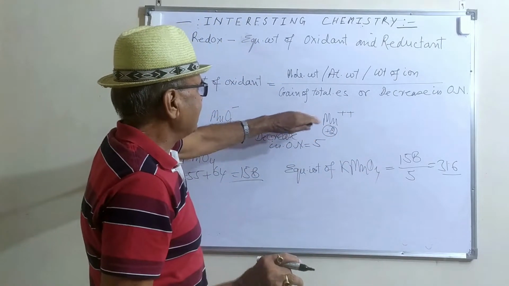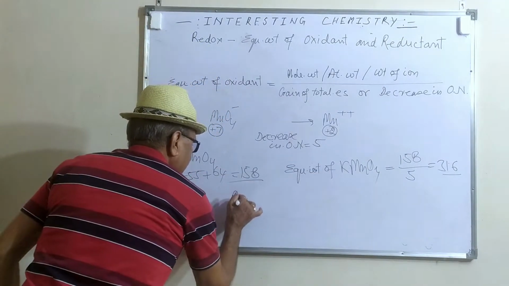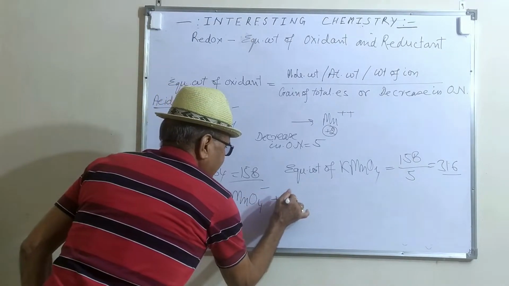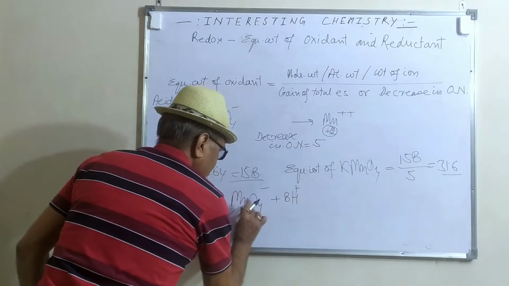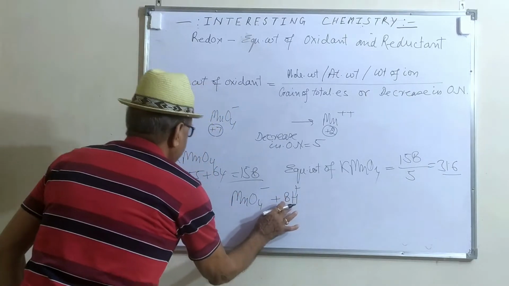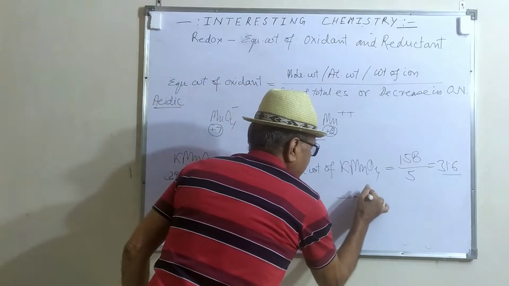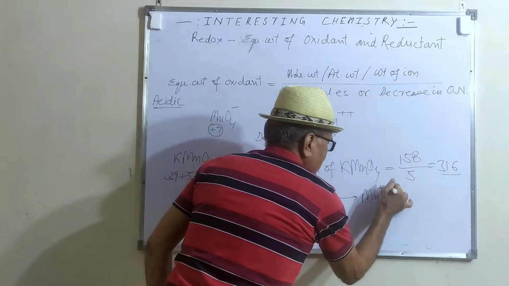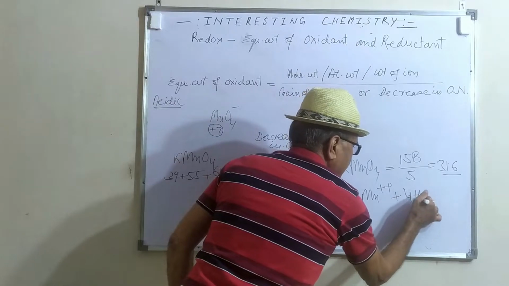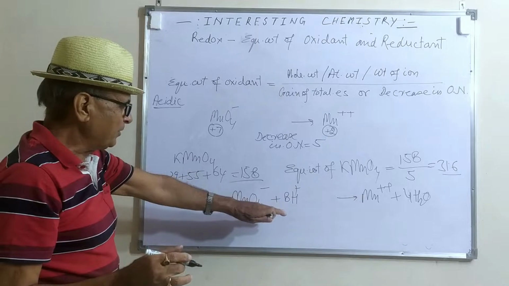If you want to calculate with the gain of electrons, then you will write here MnO4 negative plus 8H positive. Due to the presence of 4 oxygen, you will add 8H positive from the acidic medium. So this gives Mn double positive plus 4H2O. This will be your equation. Now balance the charge of the equation.